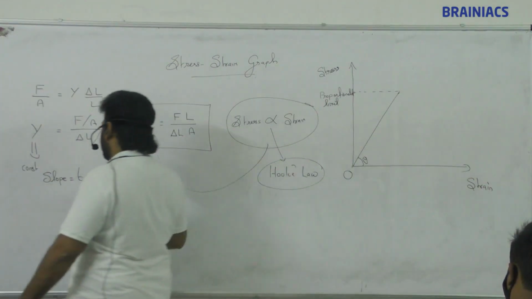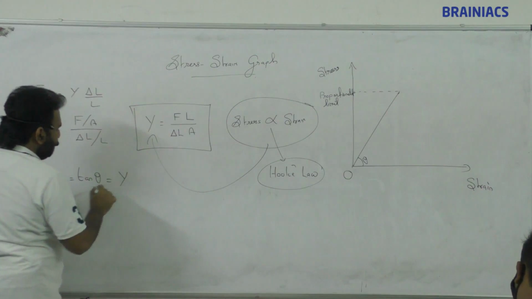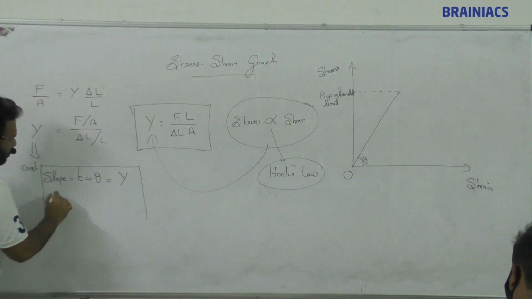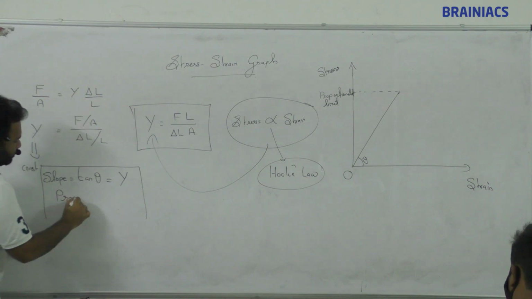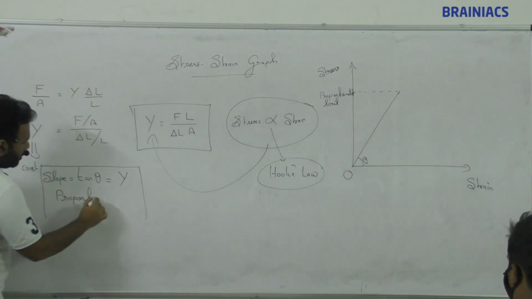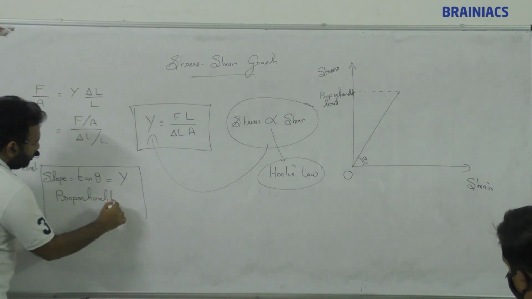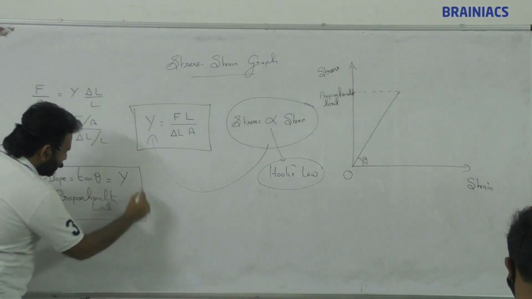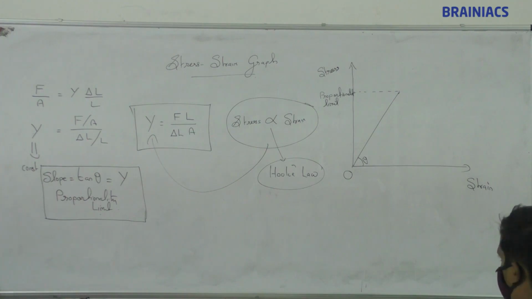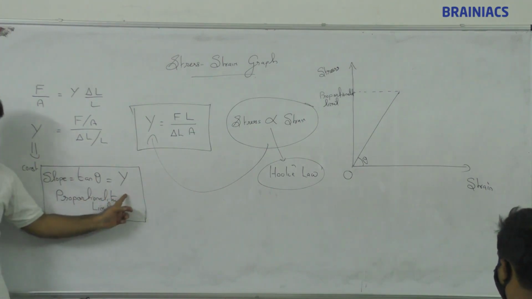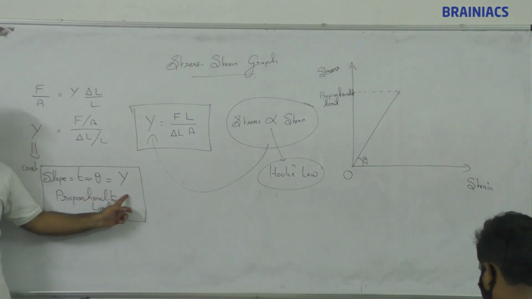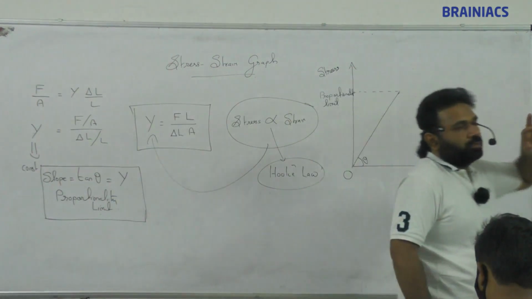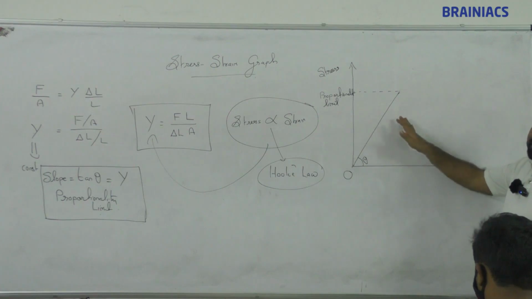So the slope of the stress strain graph till the proportionality limit gives Young's modulus. We are doing this for linear or longitudinal stress and strain. Clear?